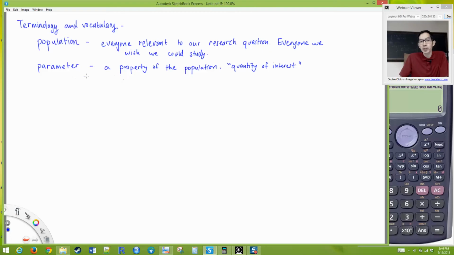So usually, or maybe often, the parameters are unknown to us. And we wish to learn about the parameters by studying samples.